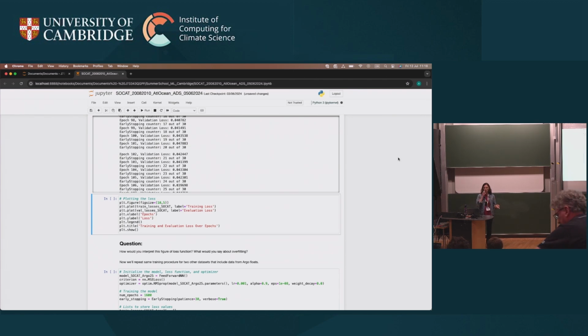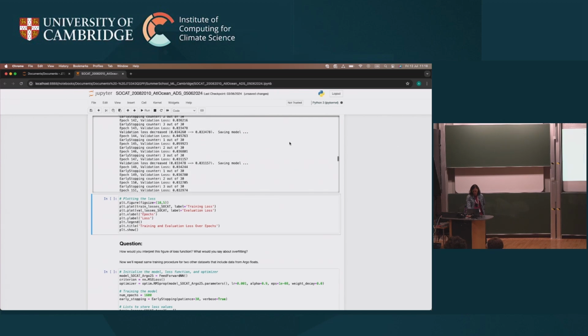Also play with the number of iterations the model can wait before applying early stopping.